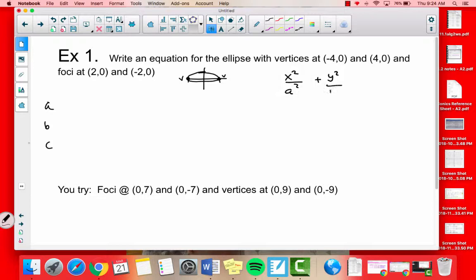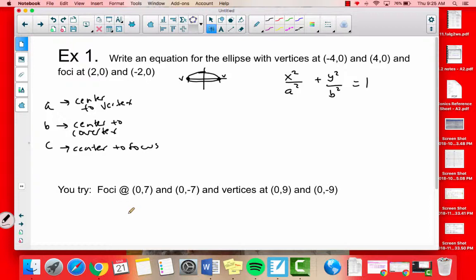So remember, you want to have those handy so you can fill in what you know. So then all I have to figure out is what's a squared and what's b squared. Well, remember, a is the distance from the center to the vertex. B is from the center to the co-vertex, and then c is the distance from the center to one focus.